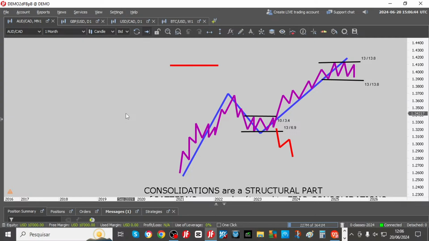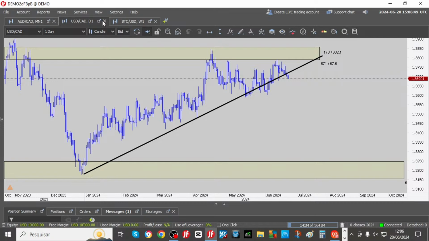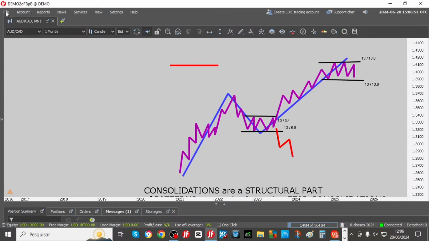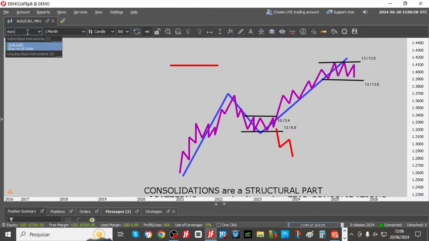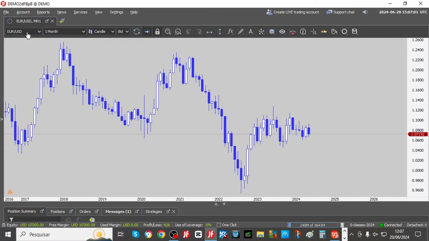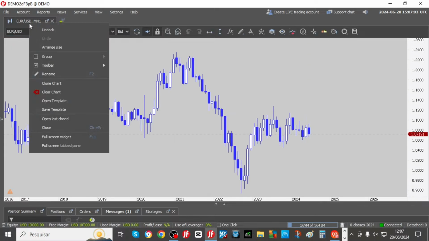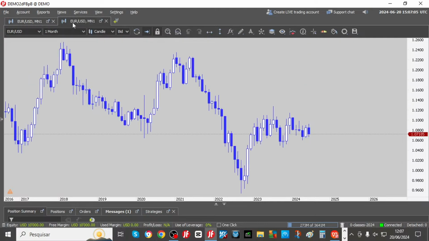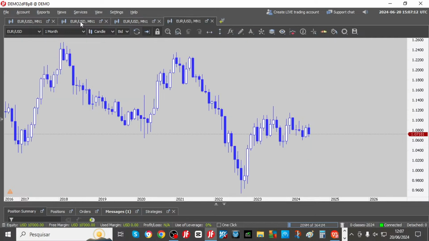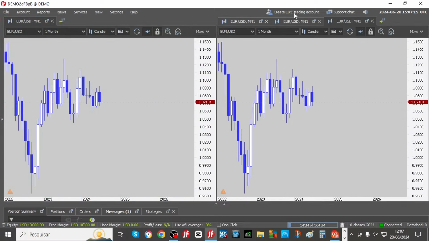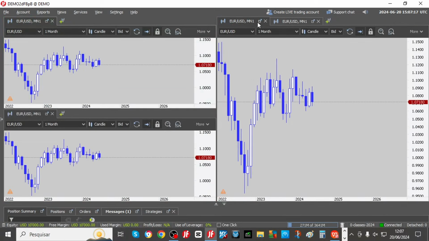How to trade trends inside the market structure. So you need to chart, right? You need to chart Euro dollar. So far you should have the Forex pairs or the cryptos that you want to trade.